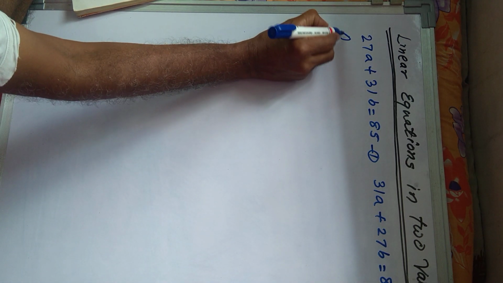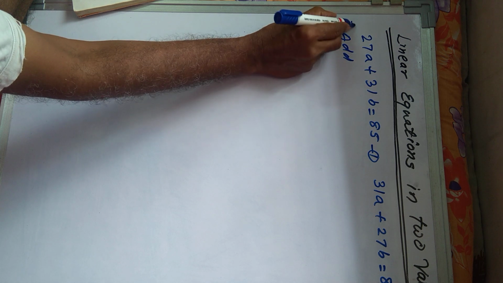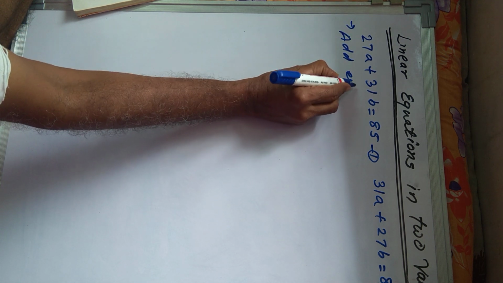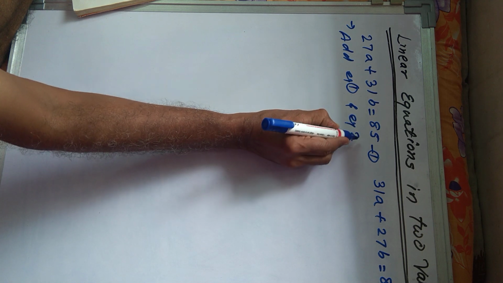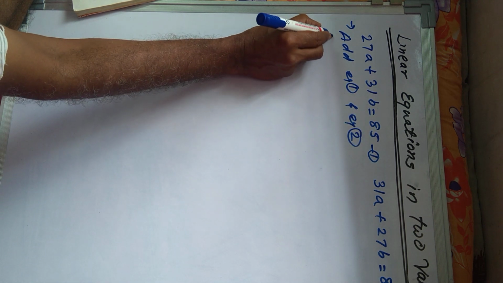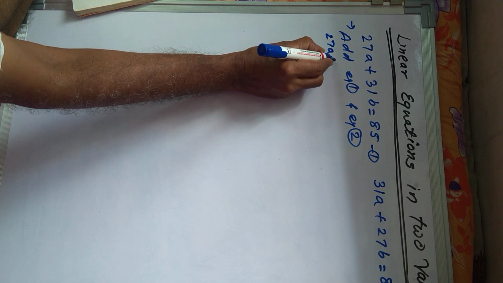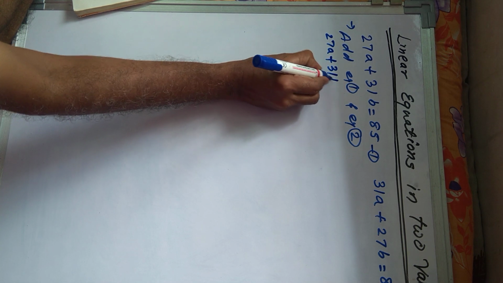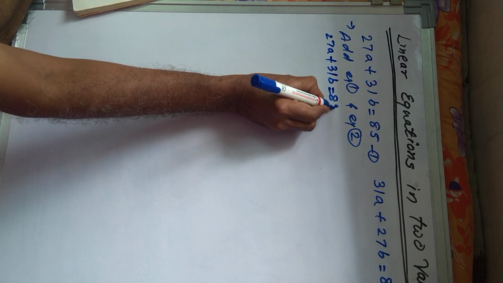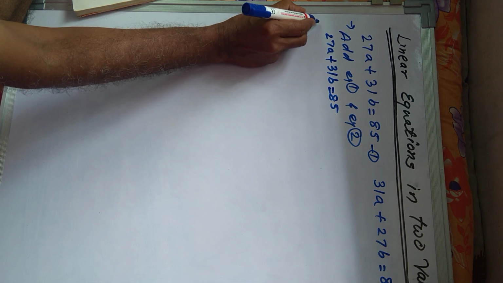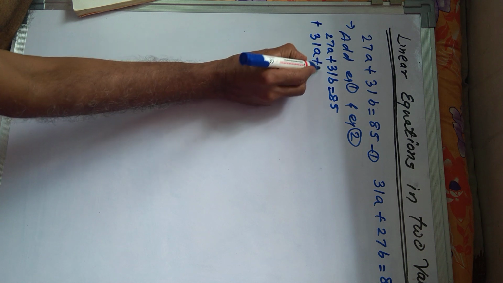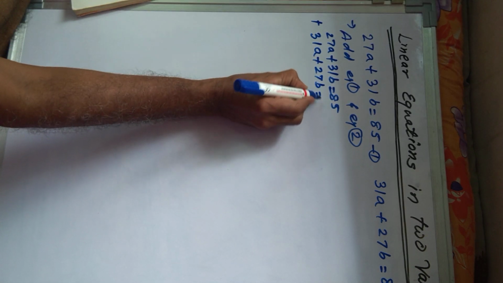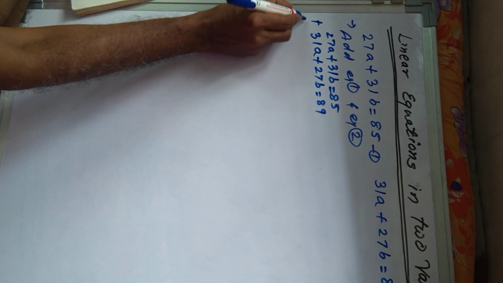First step, we have to add these two equations. Add equation 1 and equation 2. We get 27a plus 31b is equal to 85, plus 31a plus 27b is equal to 89.